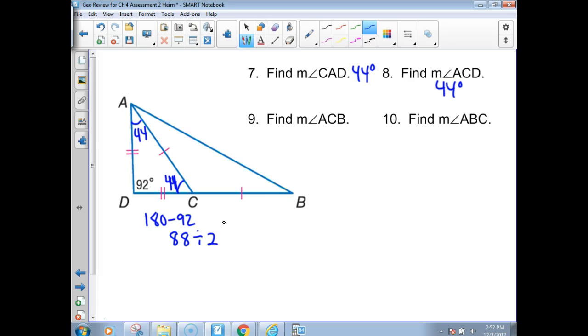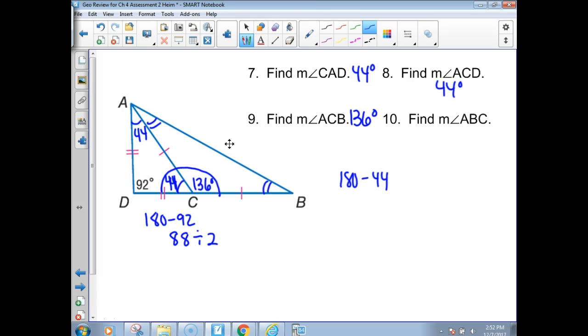Okay, and then I want to find the measure of angle ACB, which would be adjacent to that 44, so it's supplementary with it because that forms a linear pair. 180 minus 44 is 136. Yep. Okay, so if that's 136, now you've got to find these two angles, and it says this is isosceles, so these little guys are equal.